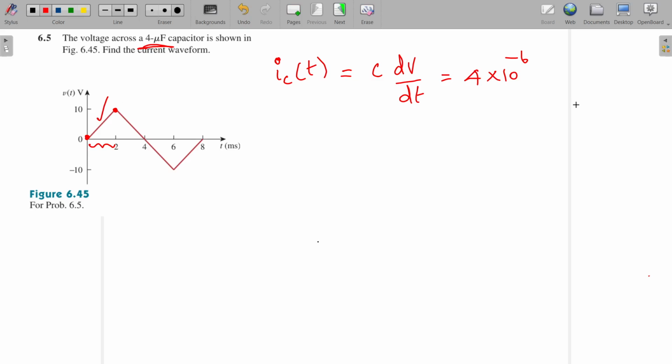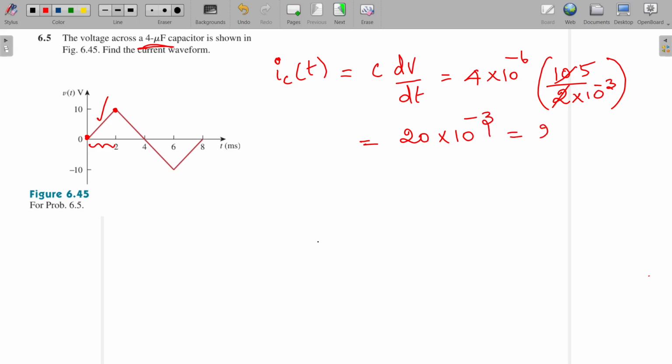The change in voltage is 10 volts divided by 2 milliseconds, so it is 2 into 10 power minus 3. So you get 5, and it is 20 into 10 power minus 3. That means it is 20 milliamps, for the time period 0 to 2 milliseconds.